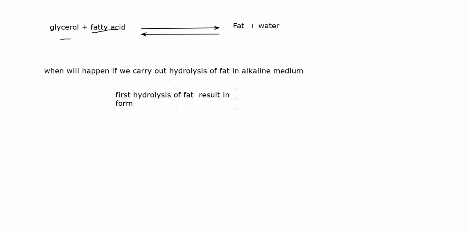So first, what happened? It results in the formation of fatty acid and glycerol. Then what happened? What will happen if we carry out hydrolysis in alkaline medium like sodium hydroxide, NaOH, or in the presence of alkali?